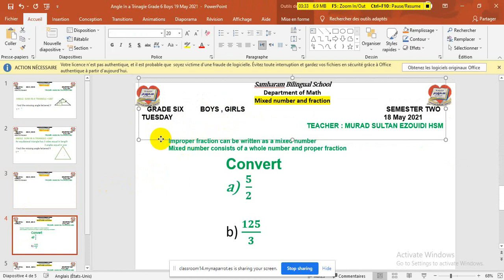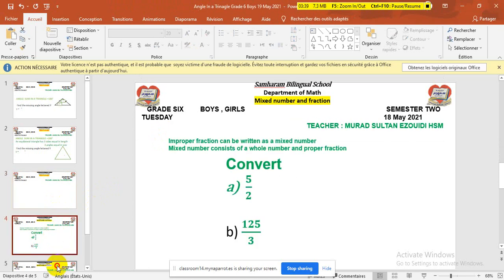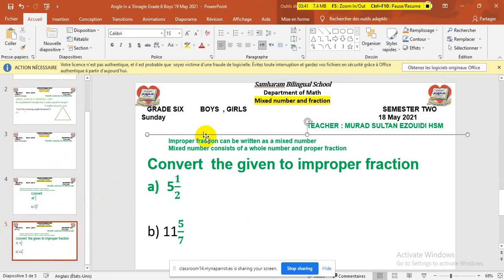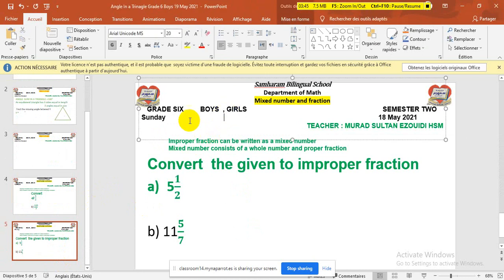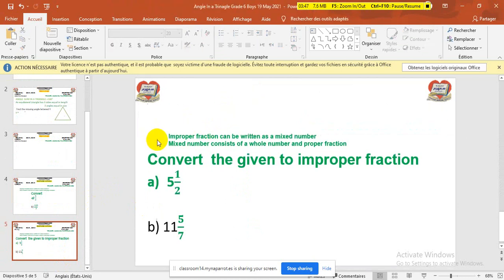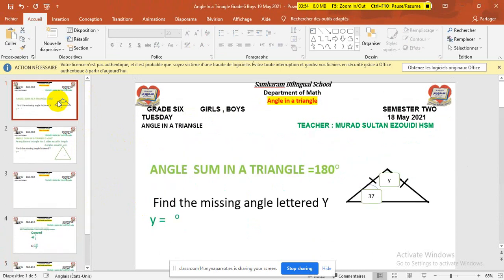Okay, I will use this here. So now the lecture will start. Just one moment. I will erase this, then I will erase this also. Okay, I prefer to start from this one.